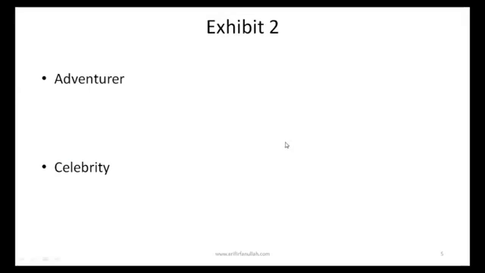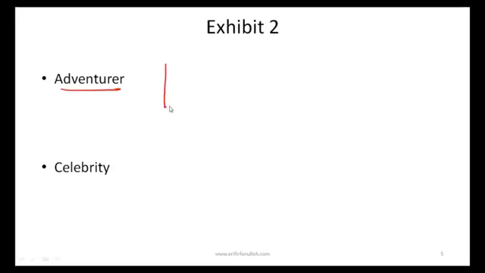Now, what I want you to do is, and we are going to see this in Exhibit 2, but to help you remember this, the four types of profiles that we came up with. So what are the key points that come to mind with regards to an adventurer? The first thing, if you see something like this in your case study on the exam, the moment you see adventurer, where on the axis is adventurer?